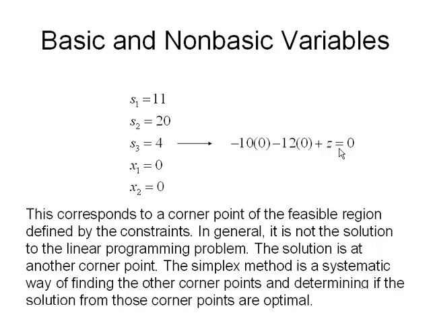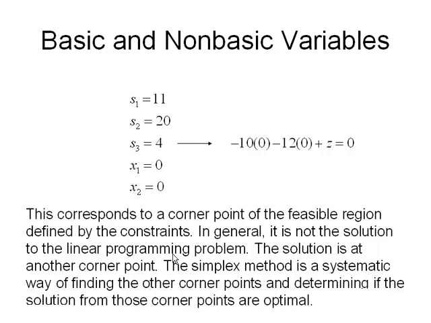I just get z equals 0. And it turns out that this corresponds to a corner point of my feasible region defined by my constraints. Because remember, since we're in the first quadrant, x1 equals 0, x2 equals 0 is one of my possible corner points.